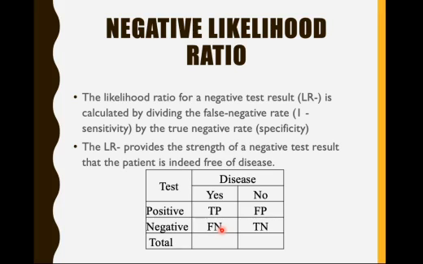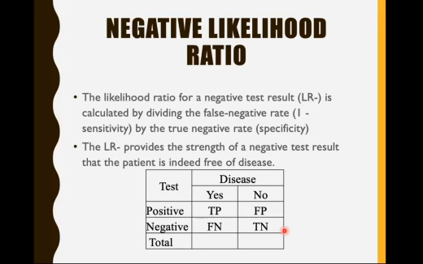Now, look at the negative likelihood ratio. The negative likelihood ratio, well, it is said to provide the strength of a negative test result that the patient is indeed free of the disease, but it's not accurate. The more accurate definition for the negative likelihood ratio is, if the test is negative, what is the likelihood that the patient has the disease?